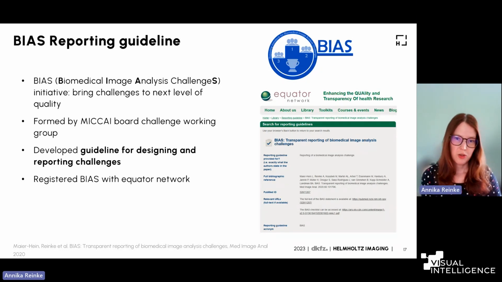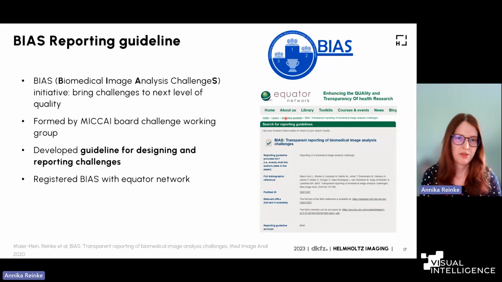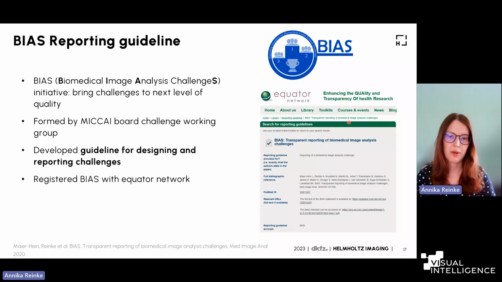So this is also used for the Medical Image Analysis Journal, and we registered this with the Equator Network, which you see on the right here. Perhaps you don't know it, but it's quite useful. You will find reporting guidelines for different aspects, for challenges, for example, but also generally for reporting AI. So this is really helpful, and I think it was a great step forward.